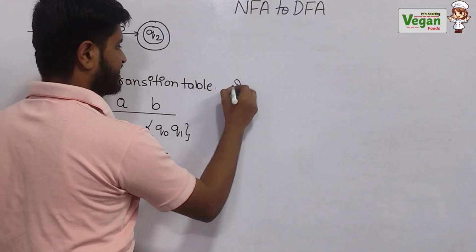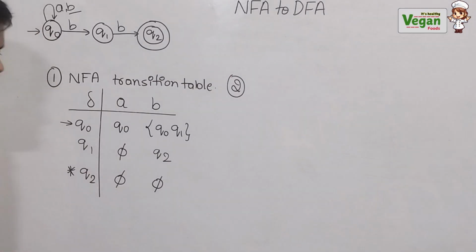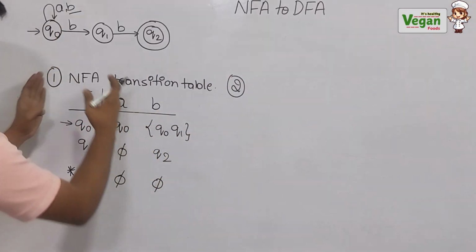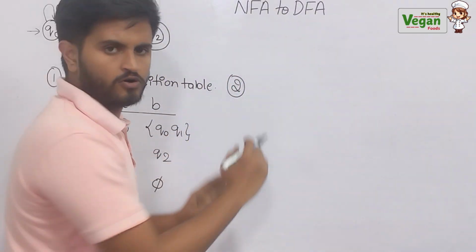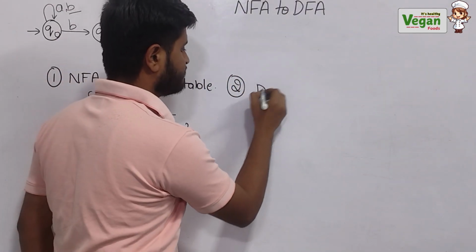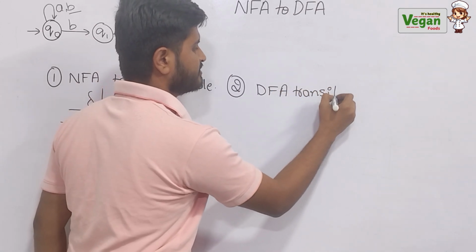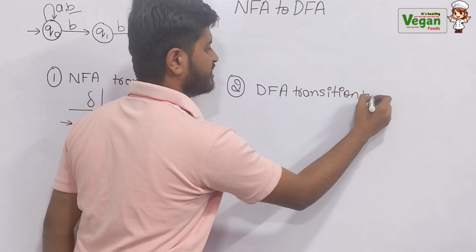Now let's move to the second step. The second step is constructing the DFA transition table. You are converting the NFA into DFA, no? So you must write the DFA transition table.